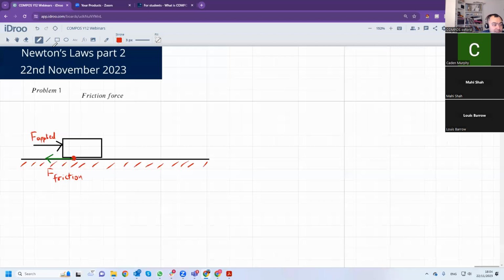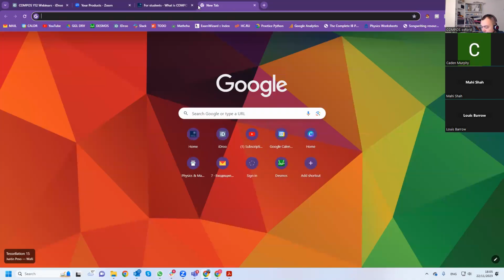If the box is not moving, that means F applied is exactly equal to F friction. And let's verify this.